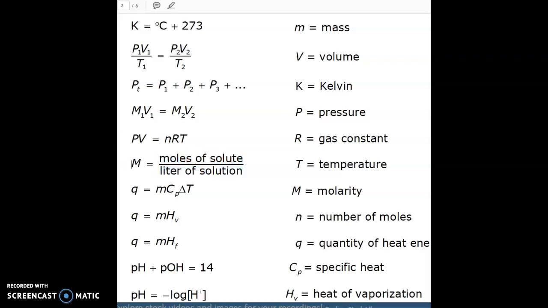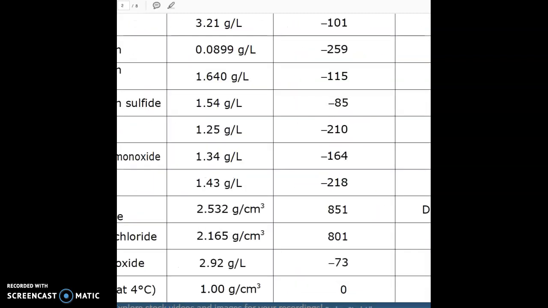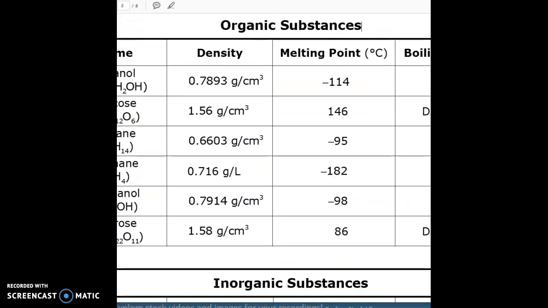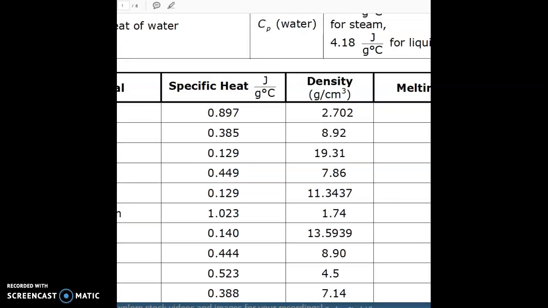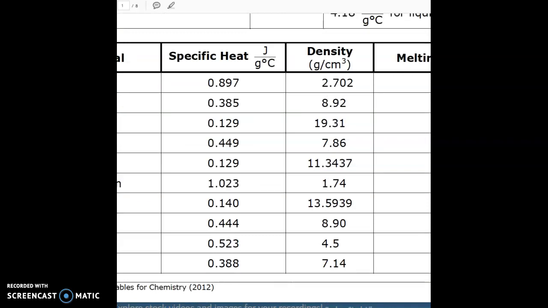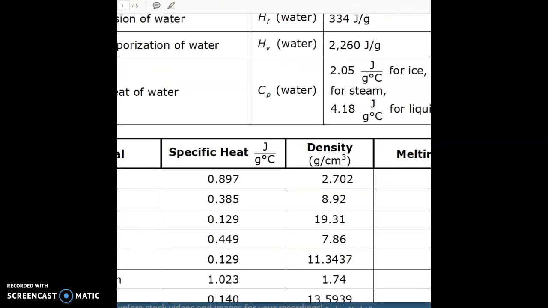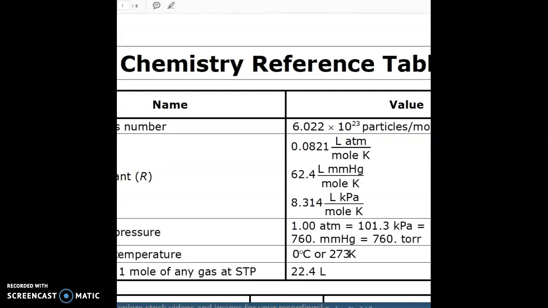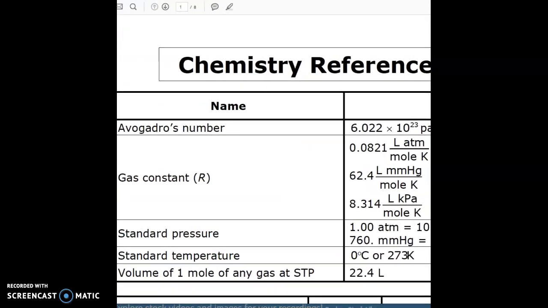Hopefully everyone got that. Now let's go to the very front page of your reference table. Now you're talking about the number of particles. Hopefully we remember this. We covered this before. But if not, we're okay. I'm trying to get to the top of this. Go to the very top of your reference table, very front page.